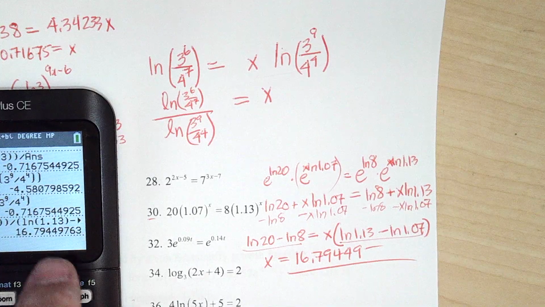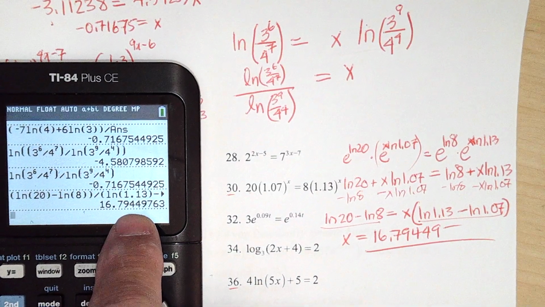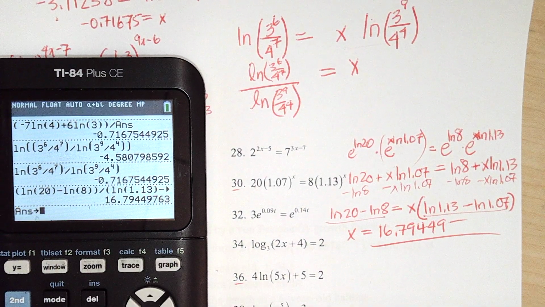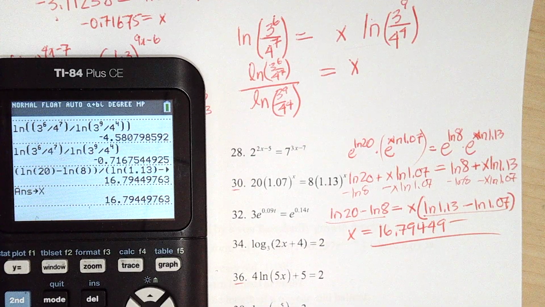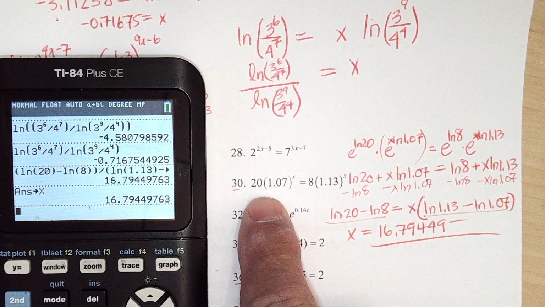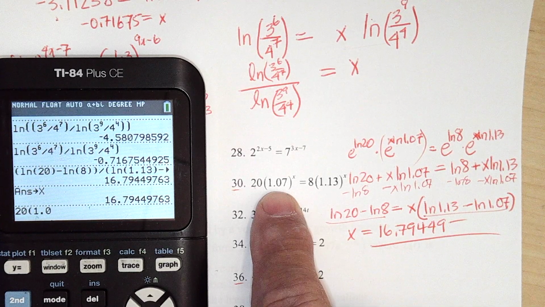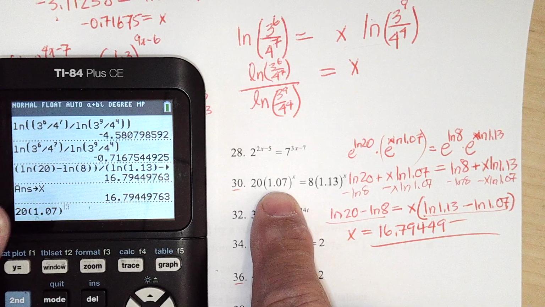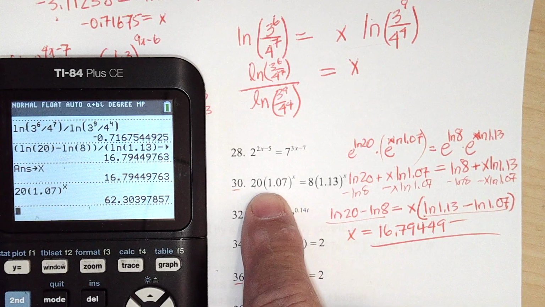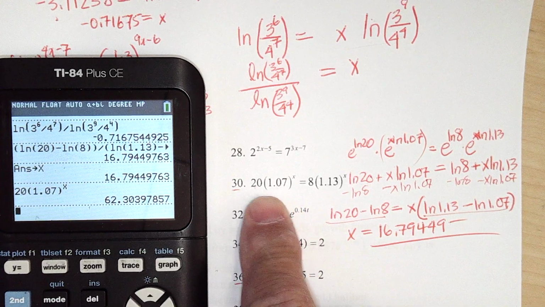I'm going to do a quick check by storing that in x. Store that in x. And we're going to go 20 parenthesis 1.07 close parenthesis to the x. This side is equal to 62 point blah, blah, blah.